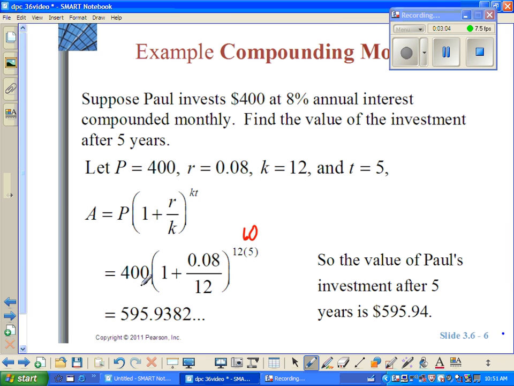So basically what you're going to do when you enter this into your calculator is start in here. Take the 0.08 divided by 12, add 1. First, raise it to the 60th power, and then take it times 400. And what you should end up with is $595, about 94 cents. Why don't you try that and make sure that you've got that down?